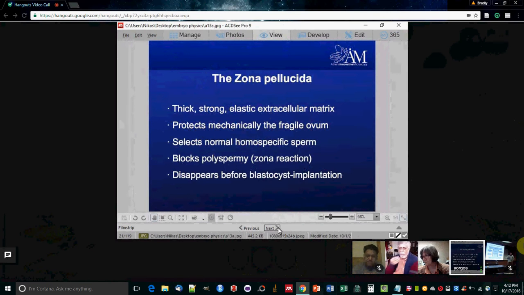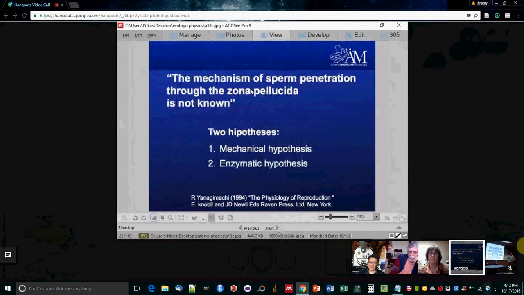But let's talk about the next layer, which is the zona pellucida. It's very important for the selection of the sperm also. And it blocks polyspermy in the way I will show you soon. And the zona pellucida has to shed off before implantation. Now, no one knows how the sperm really penetrates this elastic coat, the zona pellucida.